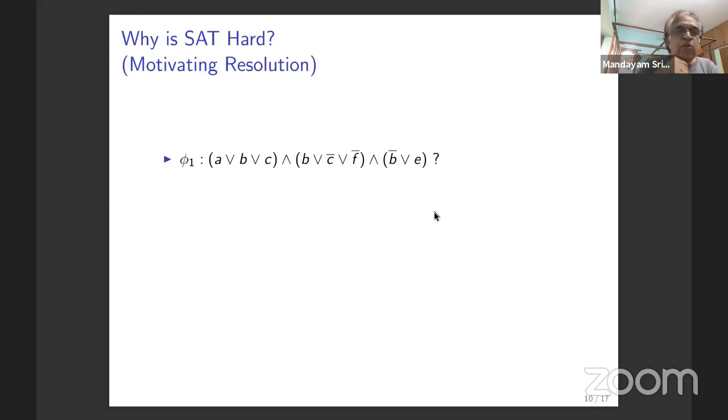The title is kind of misleading. I'm going to be using these examples to motivate what is called the resolution principle. Some of you might have heard of it.